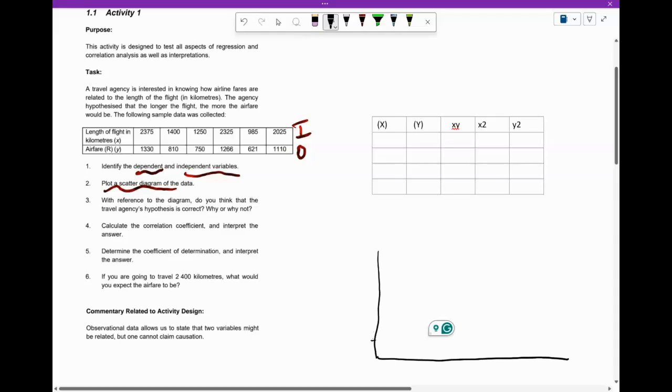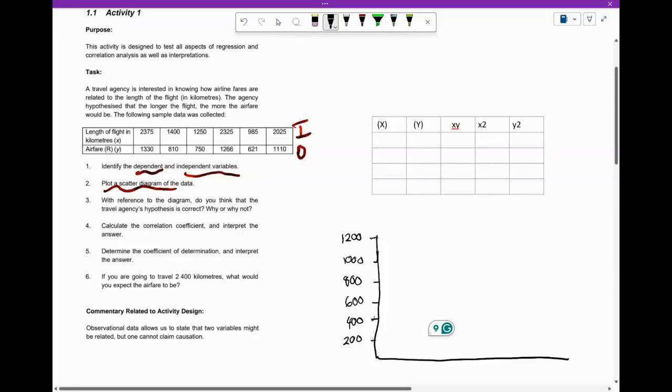With you guys, you can use your ruler so that your graph is nice and tidy. On my side, it's going to look a bit messy, but I'm sure we'll get the gist. 400, 600, 800, 1,000, 1,200.